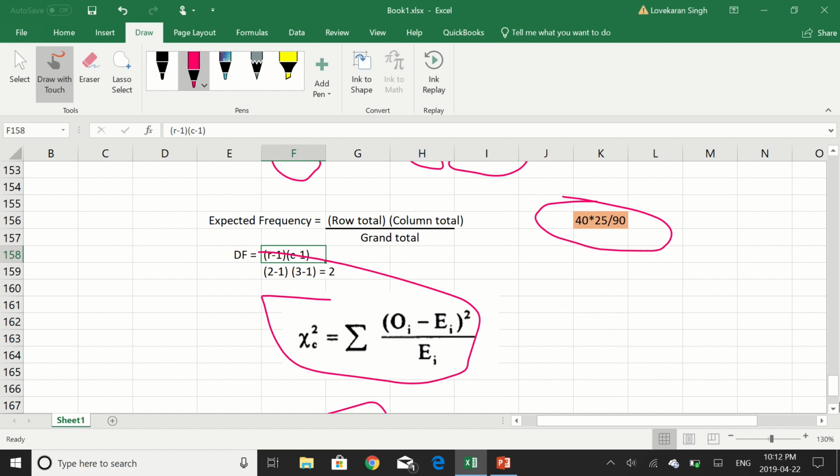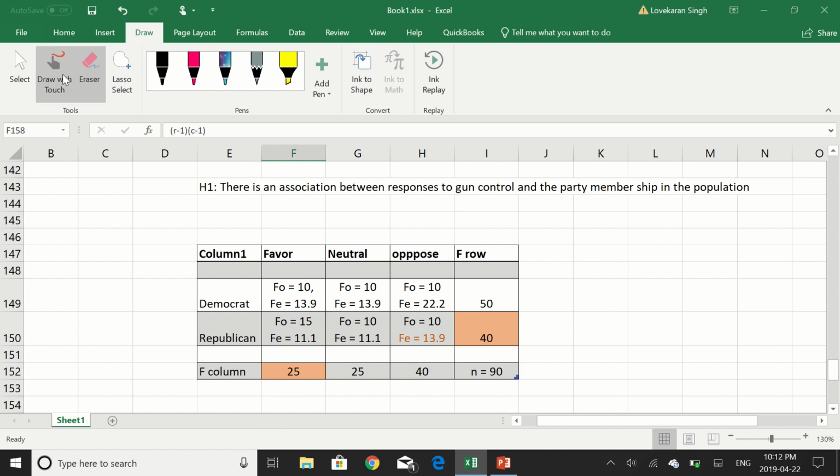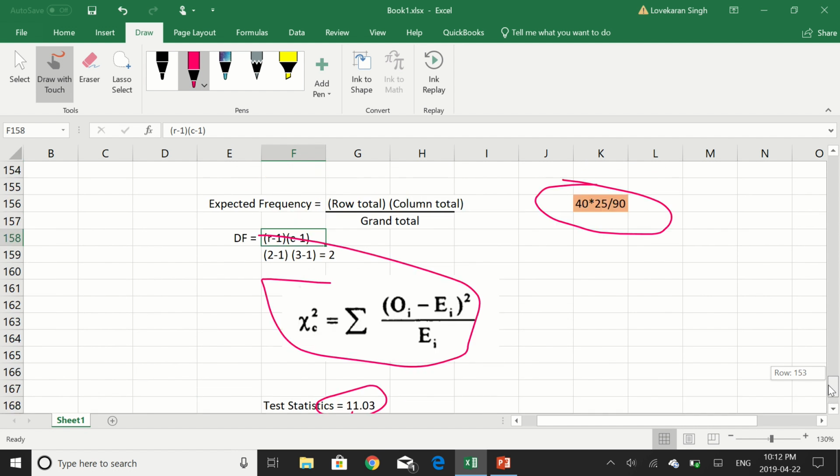For example, this is our observed frequency and this is our expected frequency. So let me remove this mess. For 10, we use the formula 10 minus 13.9, divided by 13.9, and add them all together using the same method, and then we get 11.03.